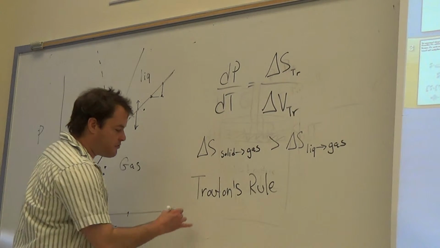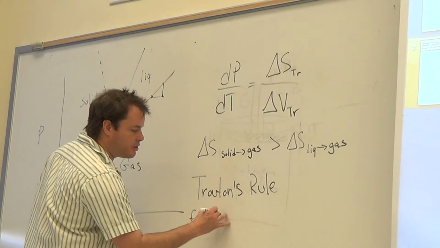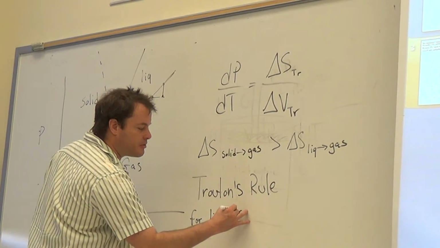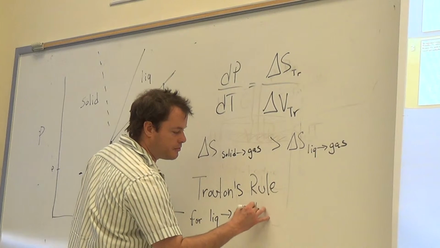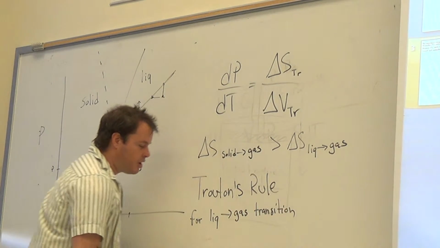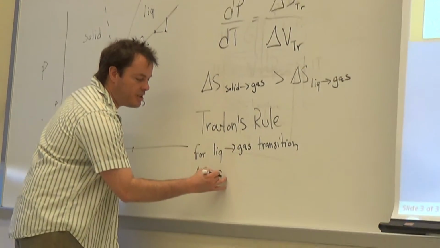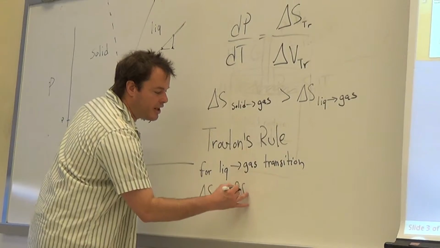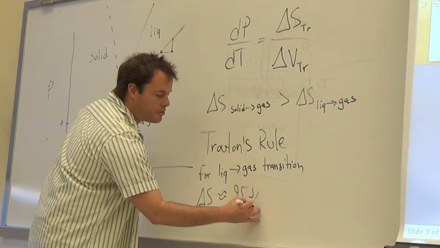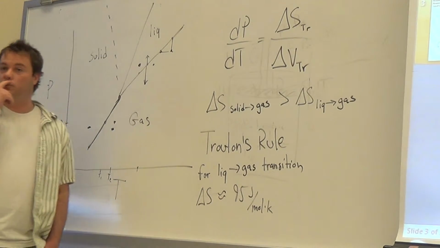Trouton's rule says that for a liquid to gas transition, delta S is approximately equal to 95 joules per mole Kelvin.